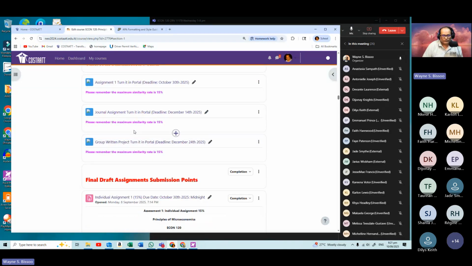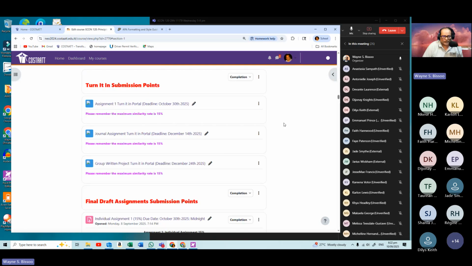The requirement of the college is that when you submit assignments, we allow you to utilize other people's work to help generate your responses. But for the similarity between what you put together and what's supposed to be your original work, we allow a similarity rating of 15%.